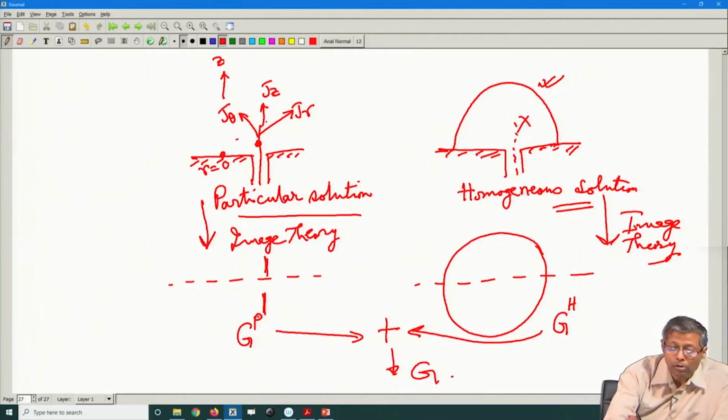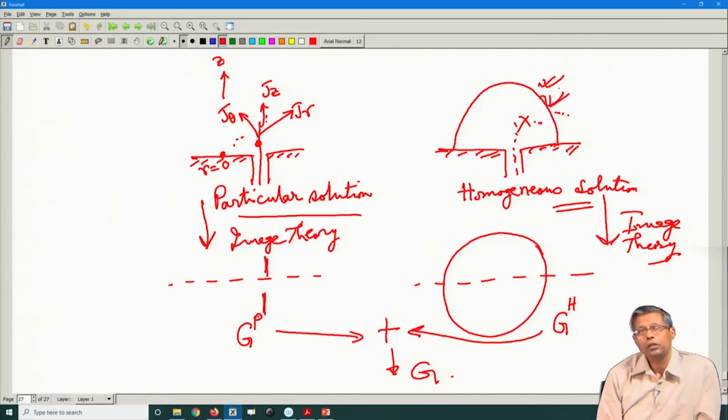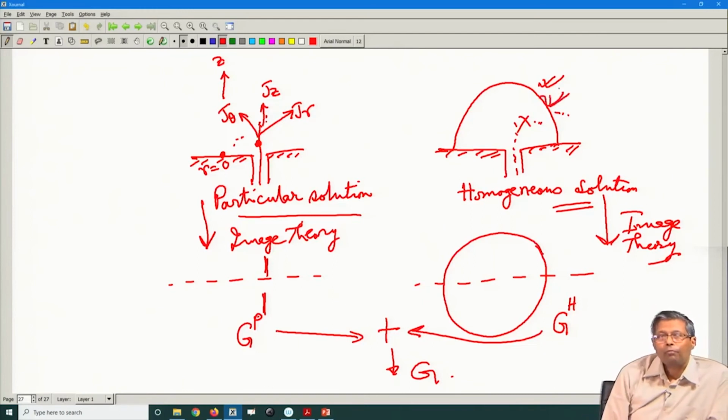In the case of the particular solution, the discontinuity is located at the source, so you match the fields across the source. In the case of the homogeneous solution, the discontinuity is across the dielectric surface, so you match the fields at the dielectric surface. So, this Green's function is going to contain an infinite summation over the modes.